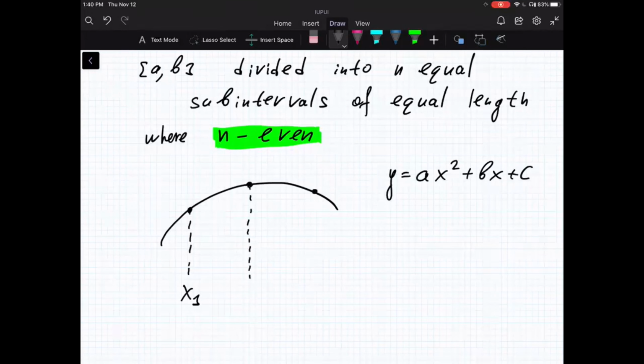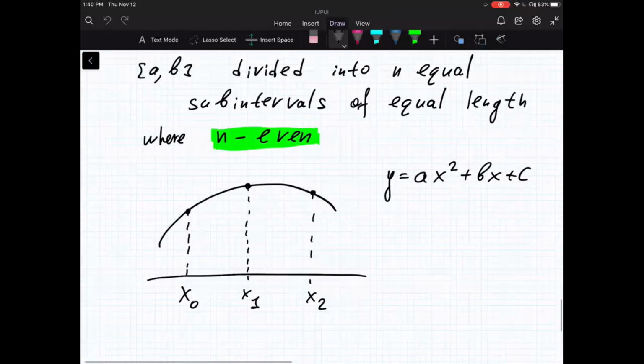That's what happens here. So 3 points determine your parabola. Okay, let's call them x0. So this is our first parabola, x0, x1, and x2, and the corresponding y values will be y0, y1, and y2.